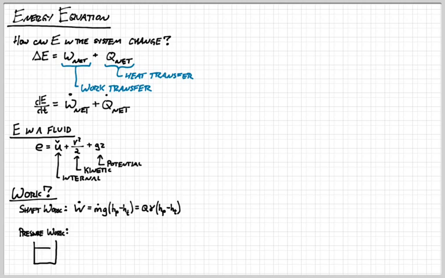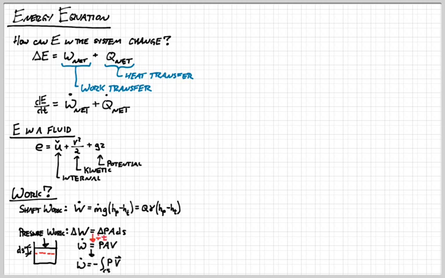With respect to pressure work, you can sort of envision a piston where when you push that piston down a distance of ds, the work that you've done is the distance times area, so the volume you've changed, multiplied by the pressure change.